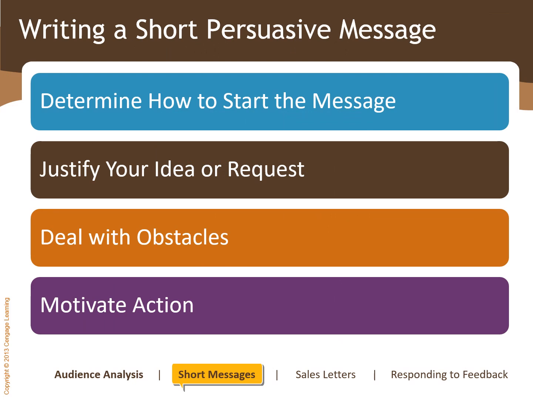So, what to do? How to write a short, persuasive message? One of the major rules of thumb that you need to follow is to determine how you are going to start the message. This is a careful decision that you need to make. You shouldn't just do things arbitrarily. This needs careful thought. So how are you going to begin your message?